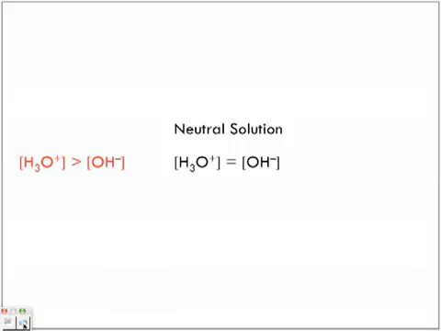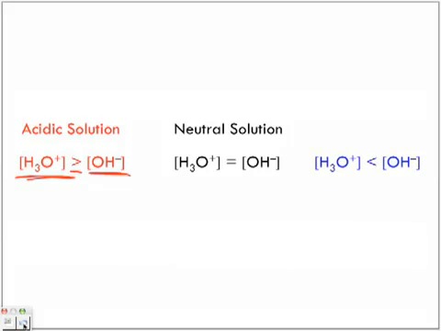If the hydronium ion, let's use the proper terminology when we use the square brackets, the concentration of the hydronium ion is greater than the concentration of the hydroxide ion, what kind of a solution do we have? An acidic solution.